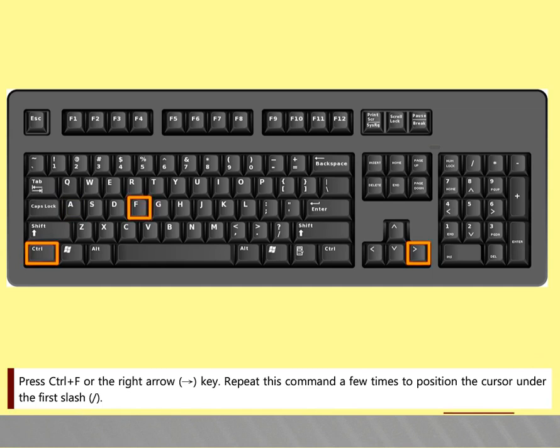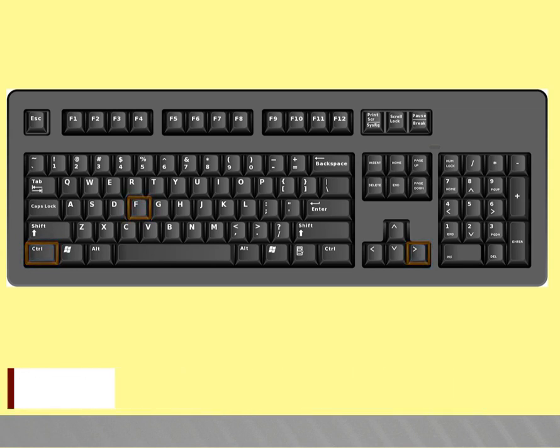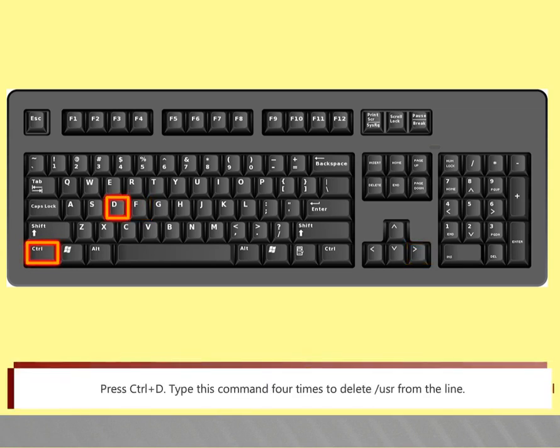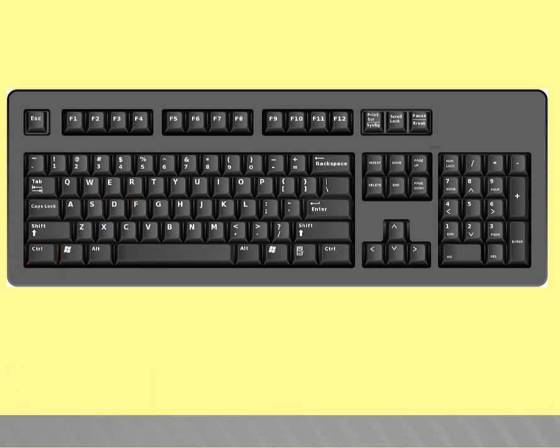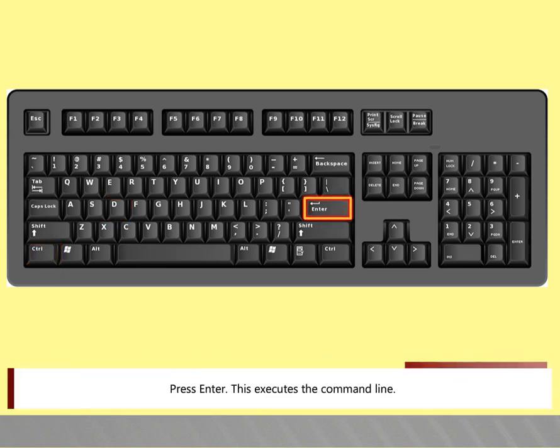Press Ctrl plus F or the right arrow. Repeat this command a few times to position the cursor under the first slash. Press Ctrl plus D. Type this command 4 times to delete /usr from the line. Press Enter. This executes the command line.